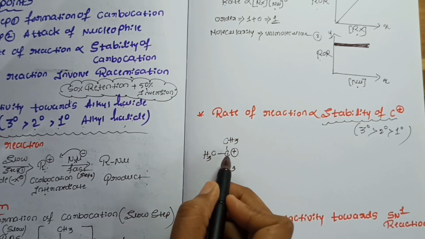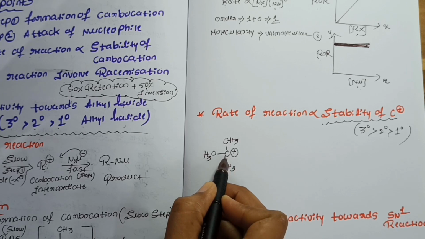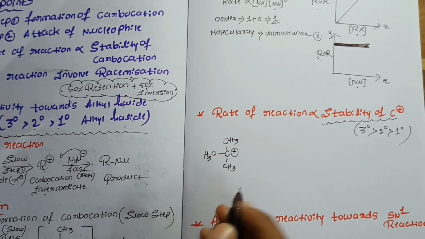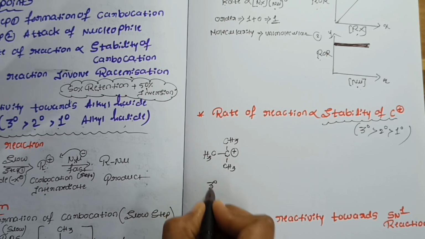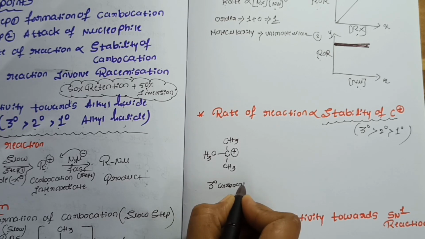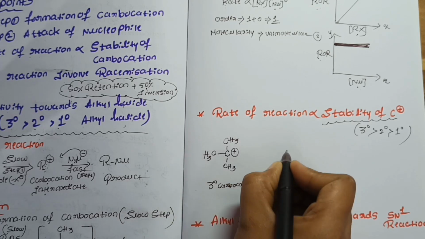This carbocation we call a tertiary carbocation. Why? Because to this carbon, 3 more carbons are attached. Now the second one.